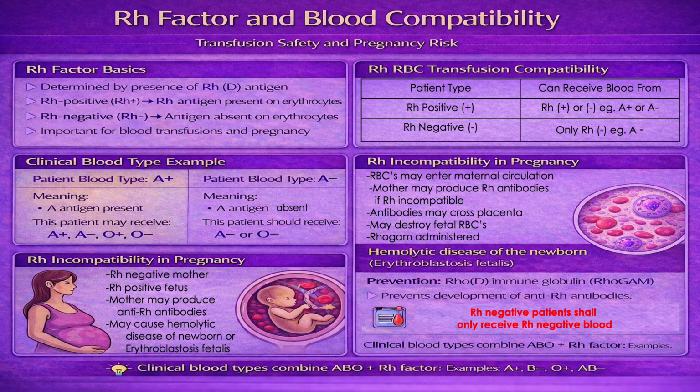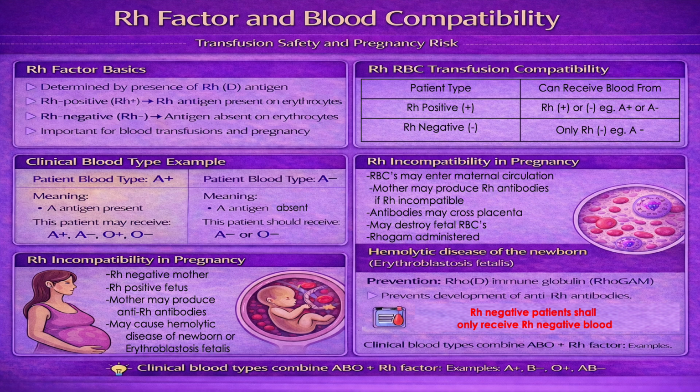In addition to the ABO blood group system, another important blood classification used in transfusion medicine is the Rh factor. The Rh factor is determined by the presence or absence of the RhD antigen located on the surface of erythrocytes.